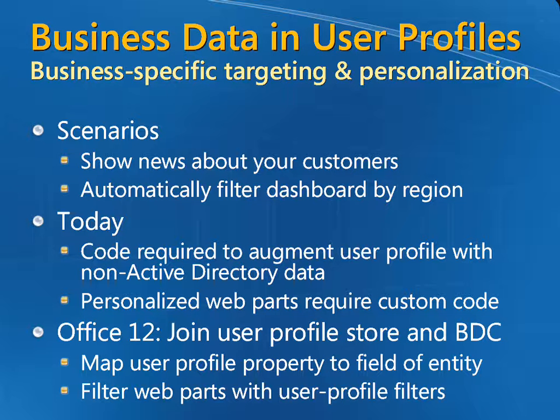And then you have automatic personalization of all the data on a page. That's pretty powerful stuff. Between the BDC integration and the user profile filter, you can get business-specific targeting and personalization using data that's not actually in your directory. Any questions about that?